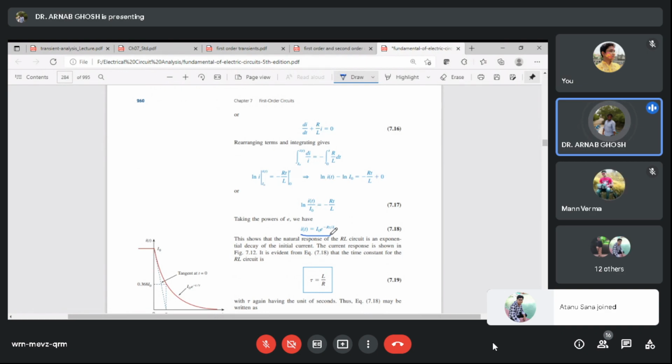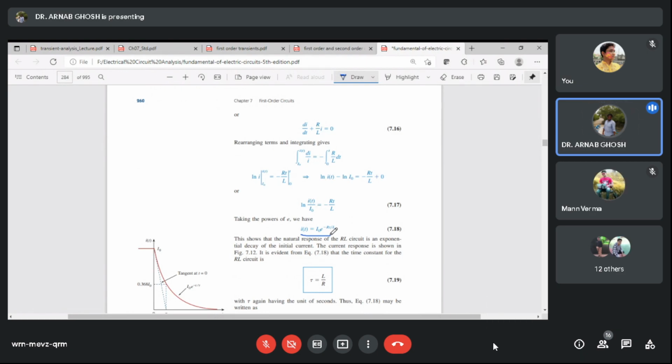Now last day, if you remember, we were talking about a general expression of charging and discharging. When I talked about the discharging expression, I said that it has a general form of k into e to the power minus t by tau.